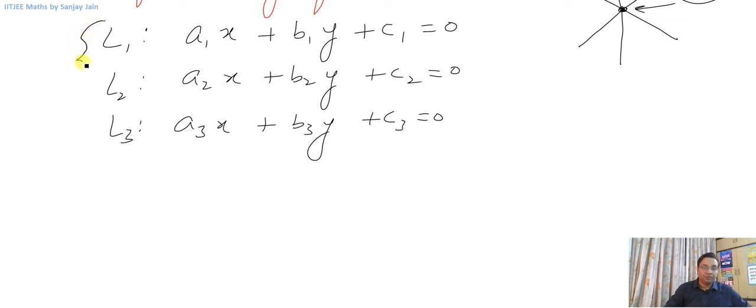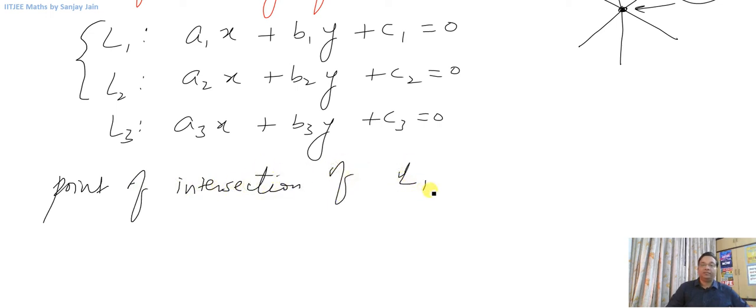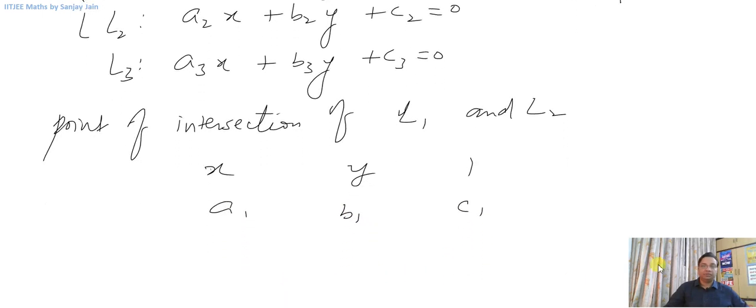So what will be the point of intersection of L1 and L2? All of us know how to solve these equations by the cross multiplication method.